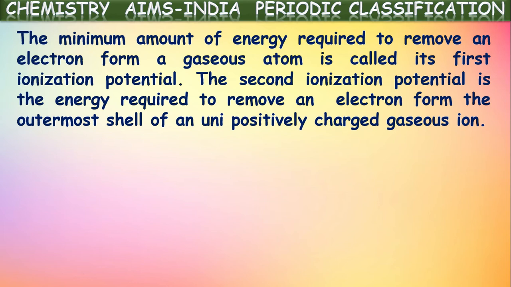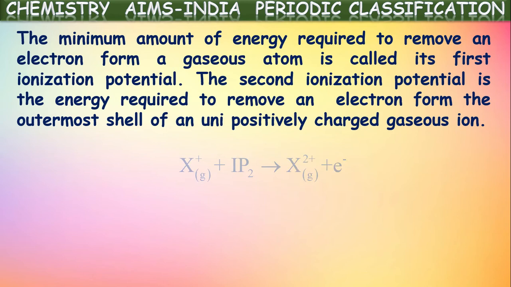Now, if you want to remove a second electron from that, the amount of energy required for the removal of an electron from that unipositive gaseous ion is called second ionization potential. And then if you remove the third electron, that is defined as the minimum amount of energy required to remove an electron from the isolated dipositive gaseous ion, called third ionization potential, and so on.